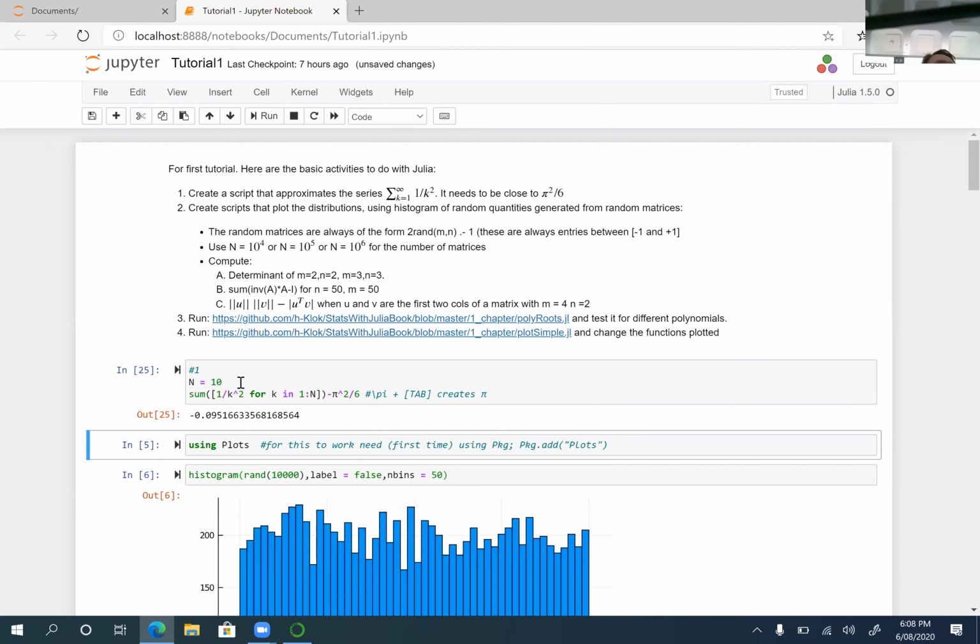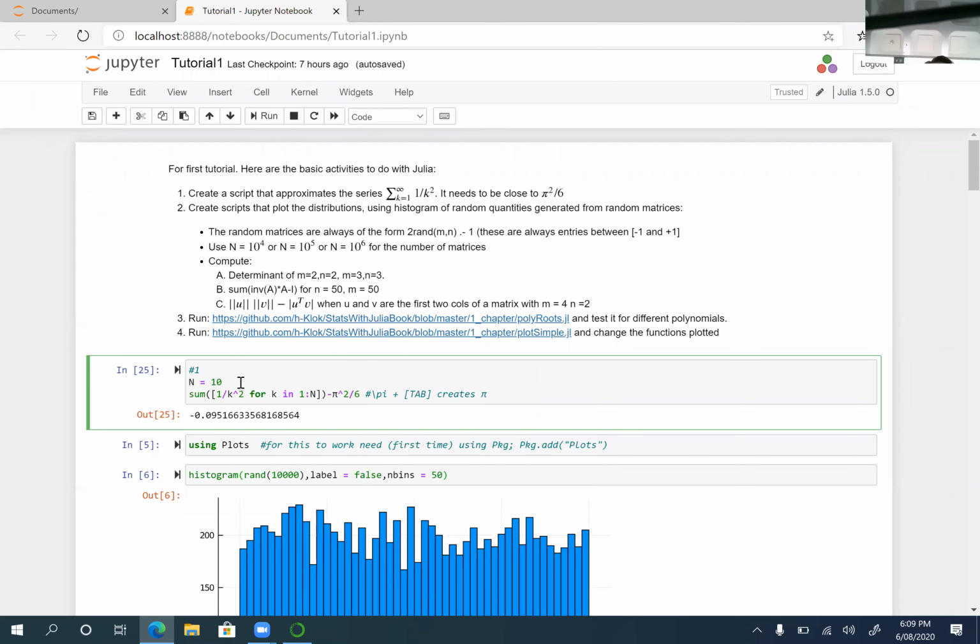Then I subtract pi squared on 6 so that I can compare this against 0. If we get a number close to 0, then we could see that the sum is converging. With n equals 10, we've got something like minus 1/10, so not terribly close to 0, but maybe close enough that you could believe that this is plausible.